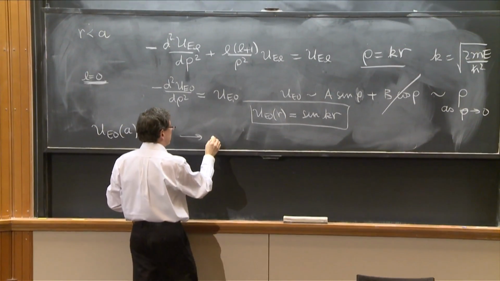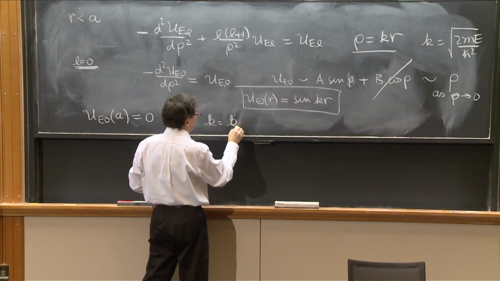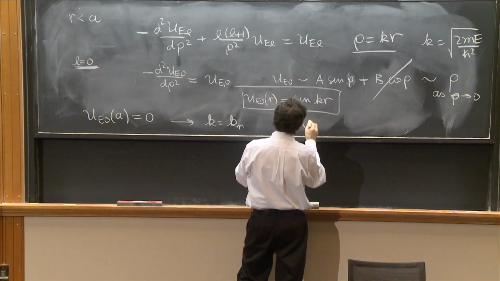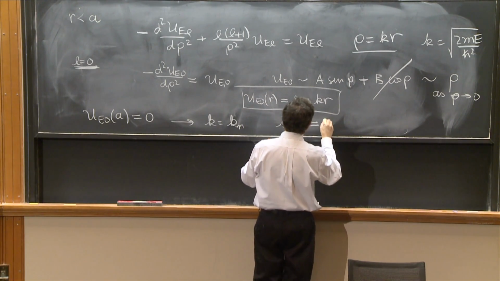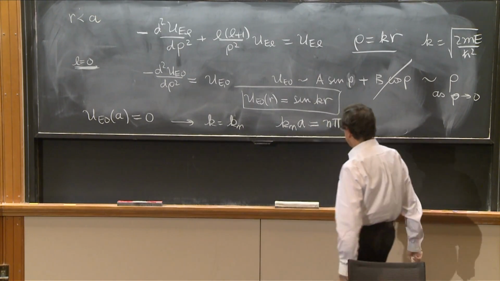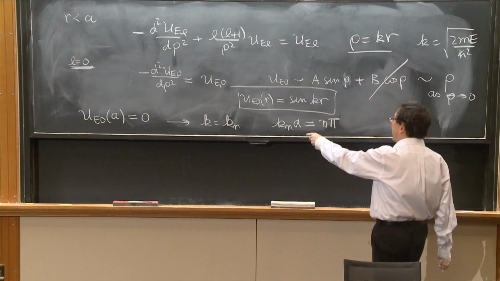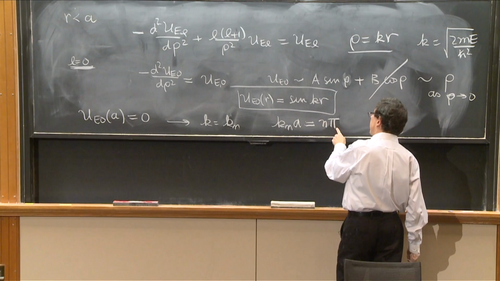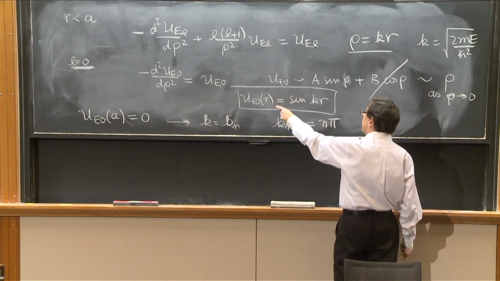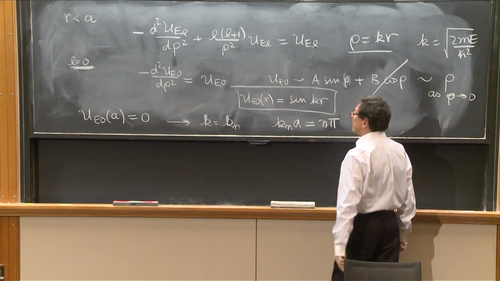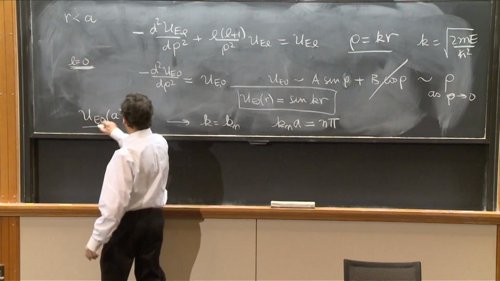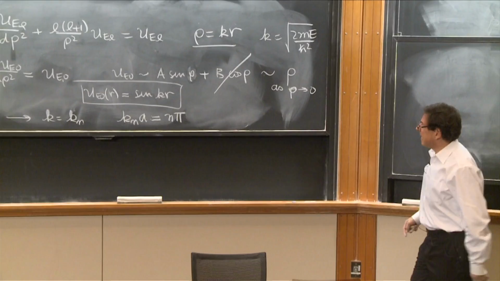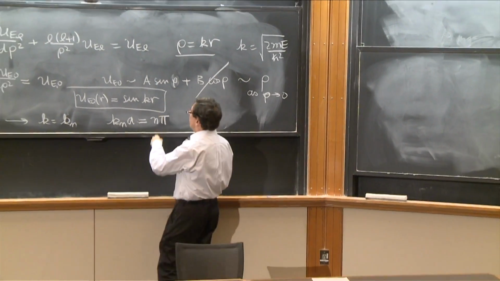So this requires k equals some kn, so that kn a is equal to n pi. For k equal to kn, where kn a is equal to n pi, a multiple of pi, the wave function will vanish at r equals a. So easy enough. We've found the values of k.